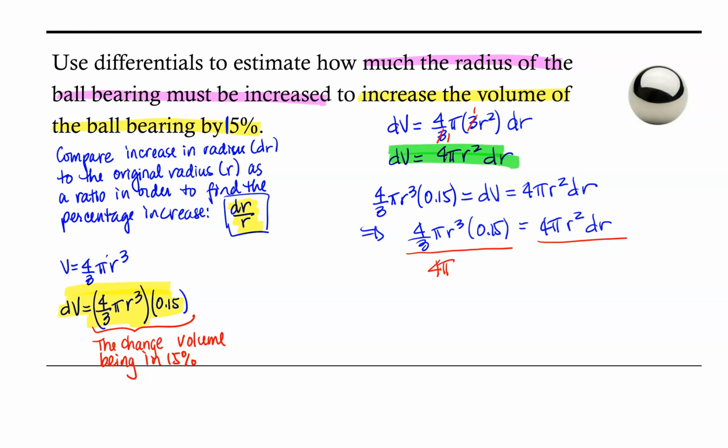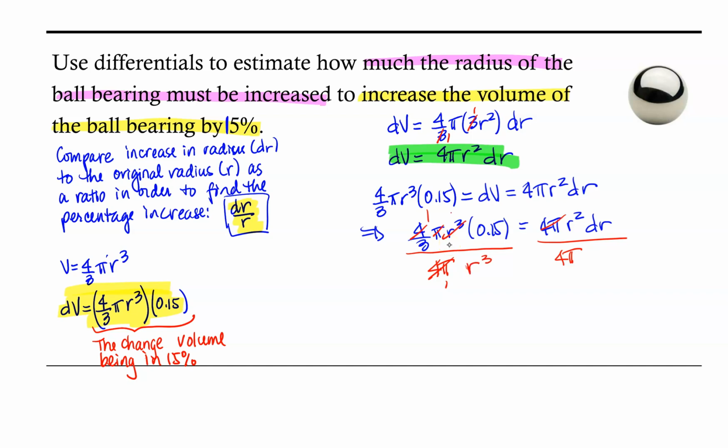And when I do so, the 4 pi's will divide out. And keeping in mind that we wanted to end up with dr over r, I'll want to divide the r cubed over to the other side.